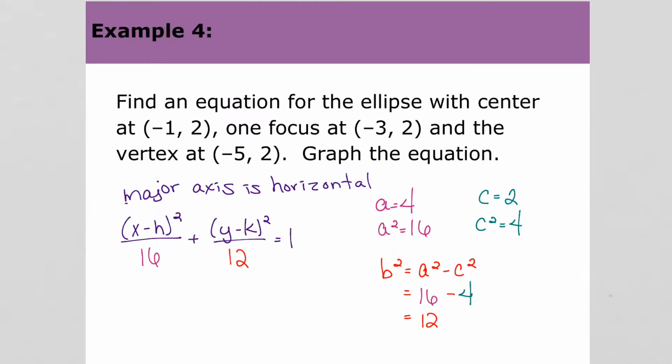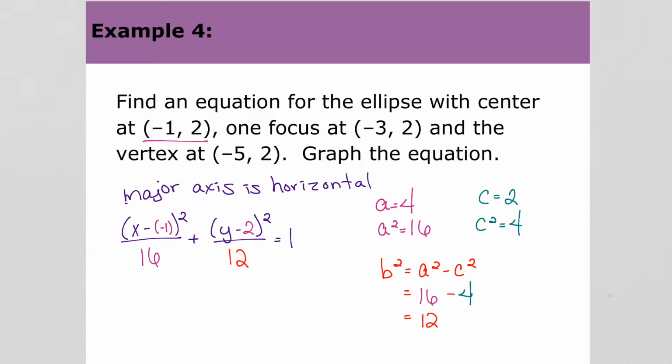The only other thing that we were missing that I need to add in is our center. So we know H and K, but that was given to us. So the center was at -1, 2. So x minus -1 and y minus 2.